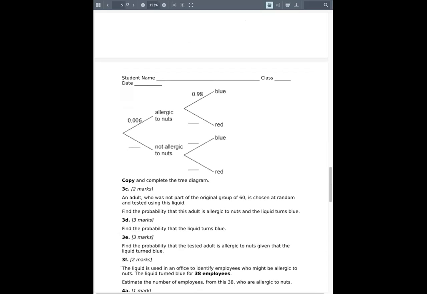Okay, gotcha. So you do not need this chart to figure out 3A. You know how the information gives us that 26 are allergic to nuts? Based on that, you could determine that 34 are not allergic to nuts. It's the same concept as the marbles and the other tree diagrams we had. So your equation would be 34 over 60. Since they want the probability of both people, you want to make sure that your second denominator is one less than the first.